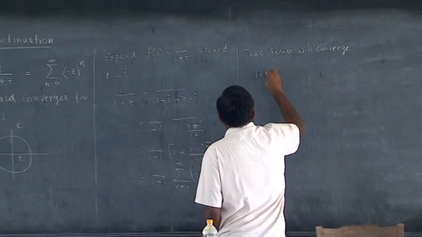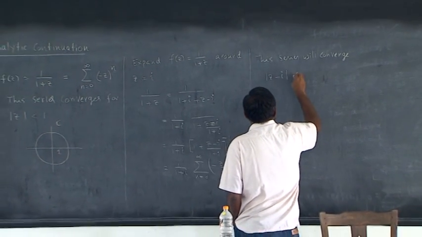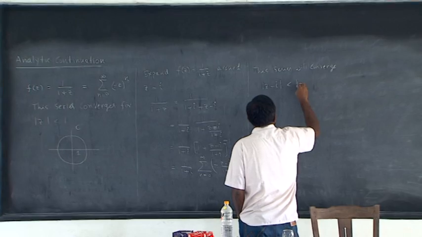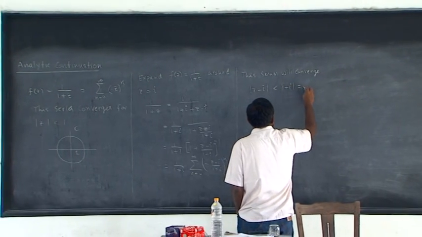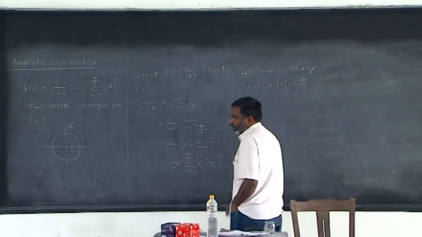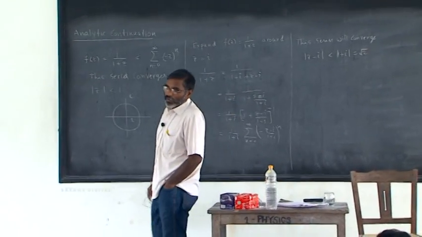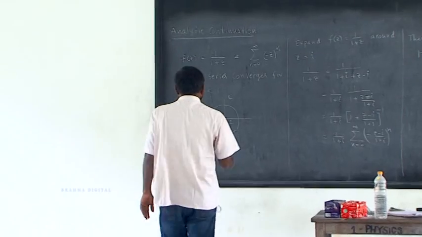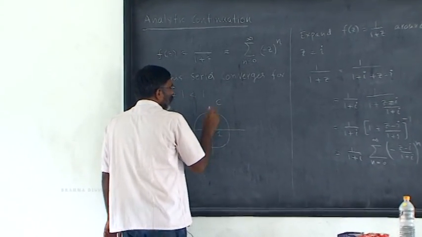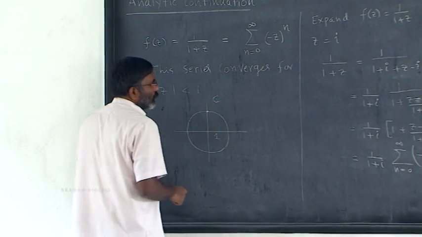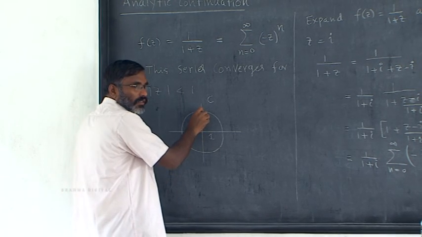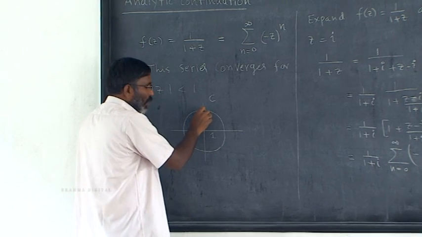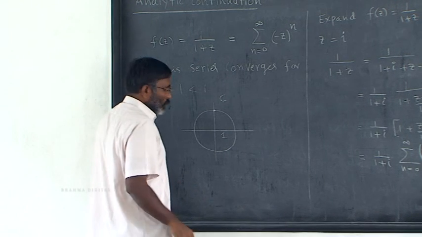Now this series will converge for mod z minus i less than modulus of 1 plus i, which is root 2. So if I consider this as i, this region is centered at i, and it has a radius root 2.